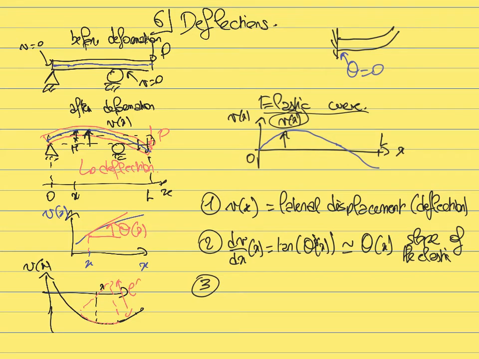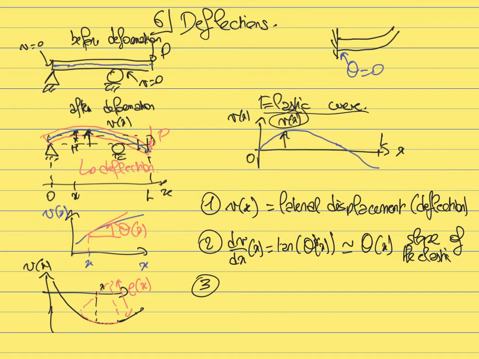So this radius here, the radius of curvature, is what we defined in the previous video, and this radius tells you how curved the beam is, in the sense that if you have a beam with a very large radius of curvature, then the beam is almost straight. But on the other hand, if this radius becomes very small, then the smaller the radius of curvature becomes, the more curved the beam becomes.